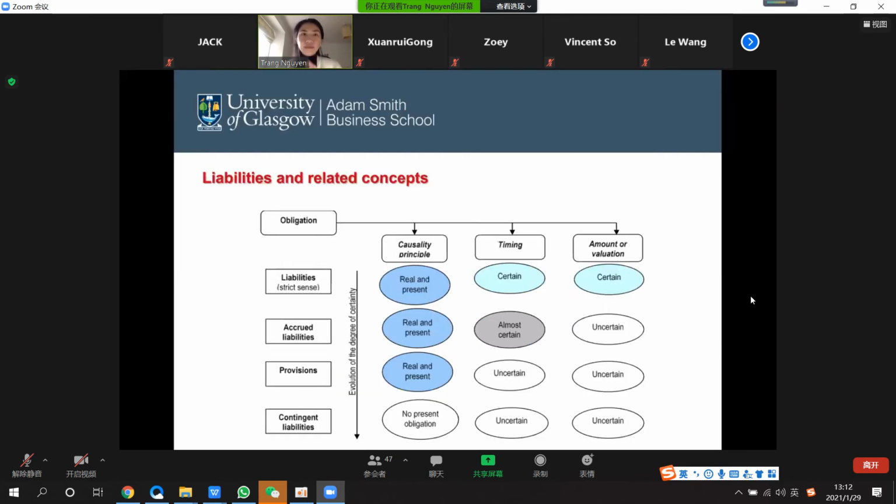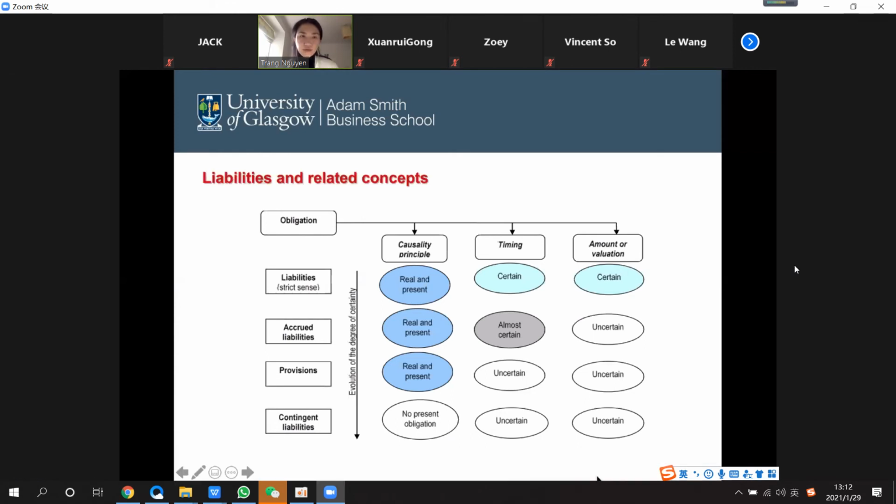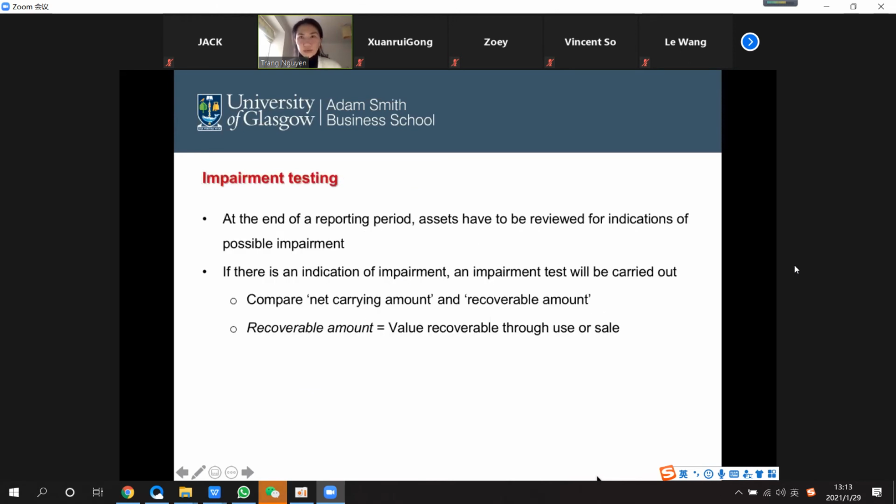Okay, so we finished distinguishing between liabilities, accrued liabilities, provisions, and contingent liabilities. Now we go to another topic that we should know: impairment testing. When will we record impairment? When there is a certain problem with assets, tangible or intangible.